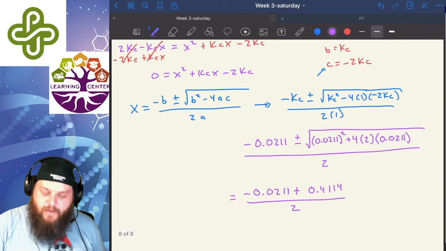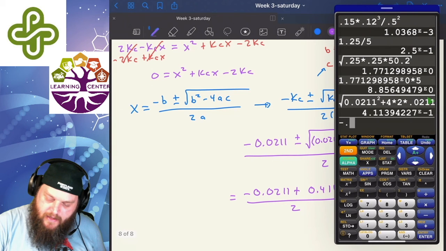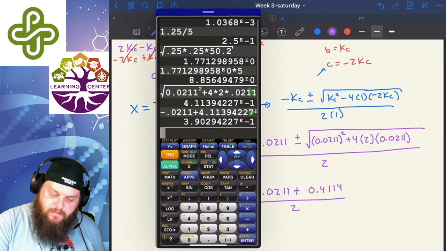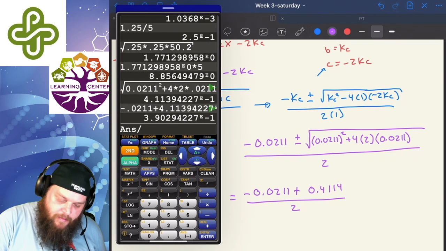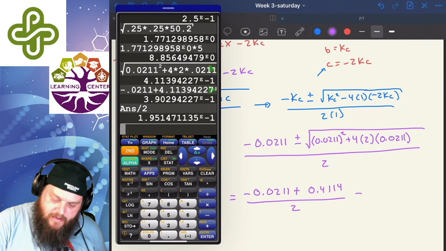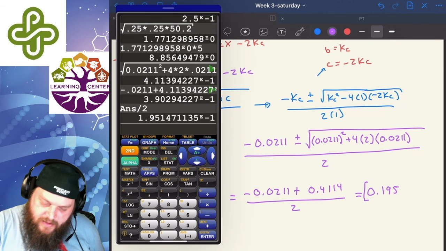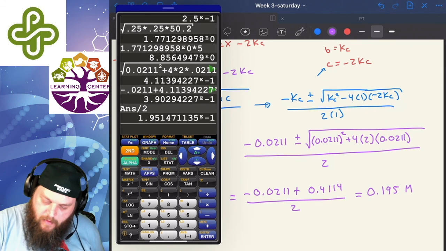So now we can see if I take negative 0.0211 and I add to it this last value I got from the square root, and then I divide that number by 2, this is going to equal 0.195, which is going to be the concentration, so it'll be in molar.